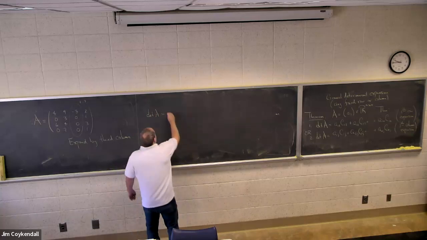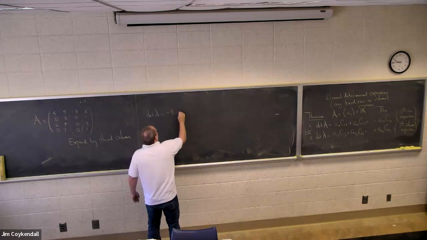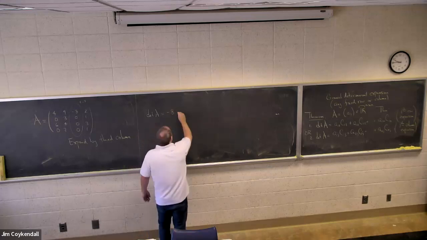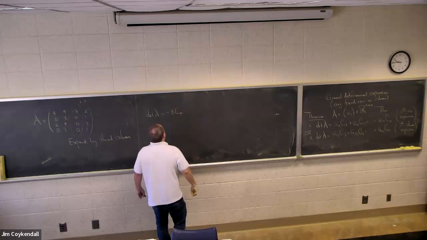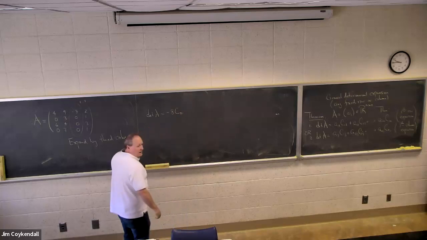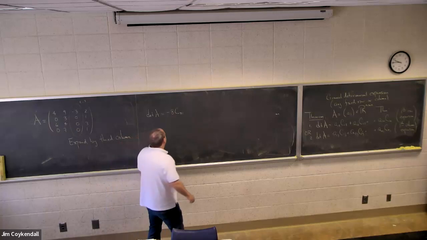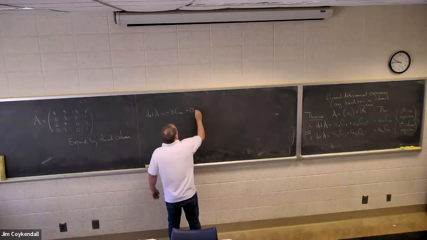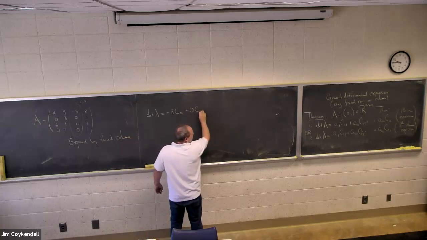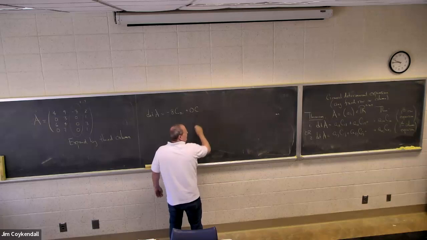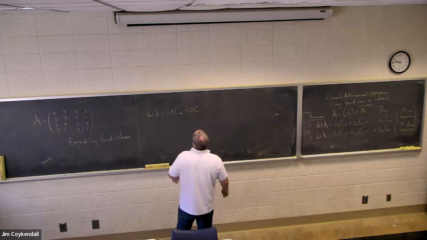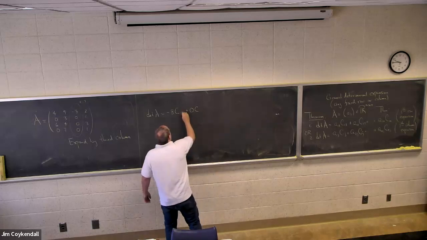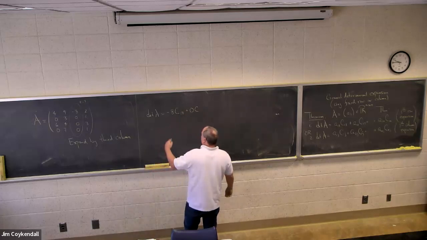a_ij, so it's -8 times C_ij. So in this case, it'd be C_31. Plus 0 C_13, first row, third column.